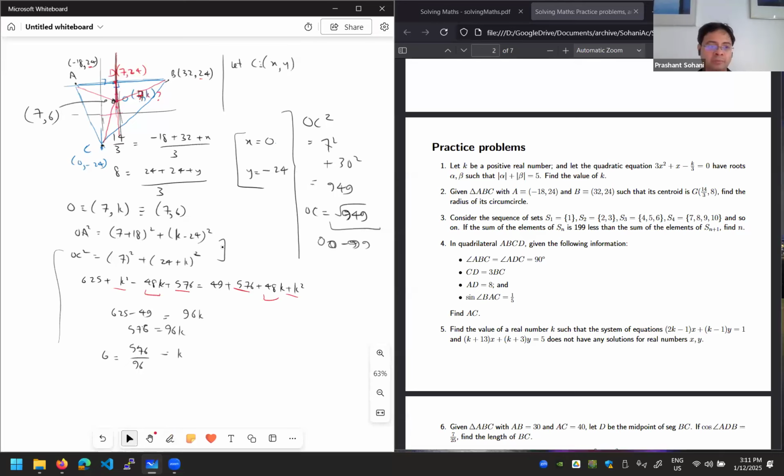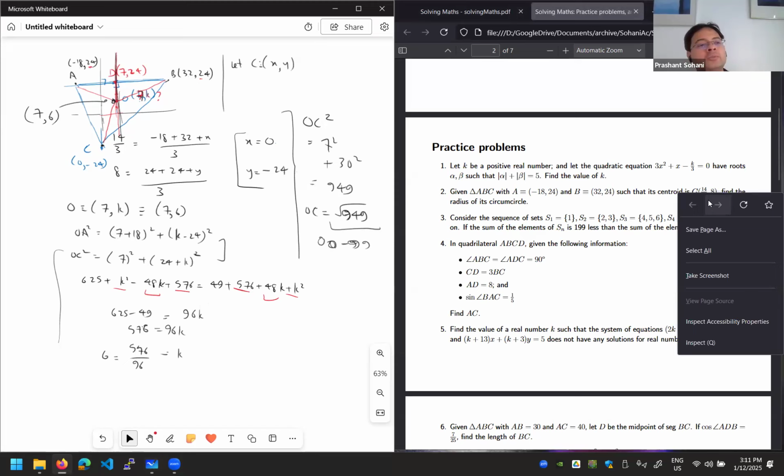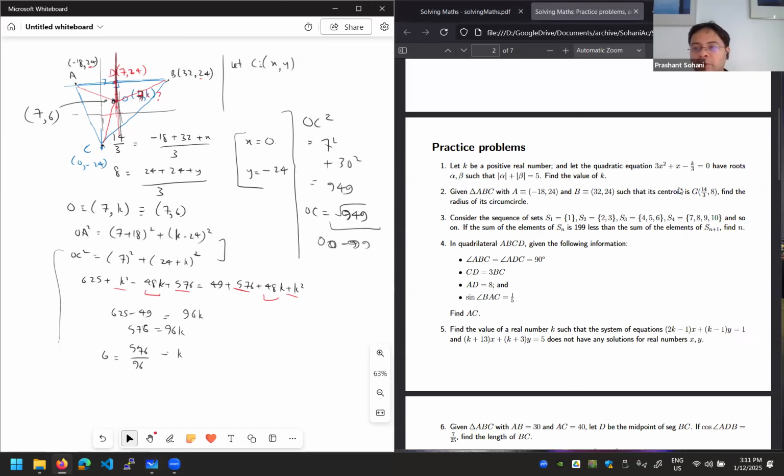Okay, I'll just pause for 1 minute. I guess what my mistake was, I think the y coordinate of G should not be 8, it should be 16. So in fact, this was a very nice question, but unfortunately, because of my mistake.